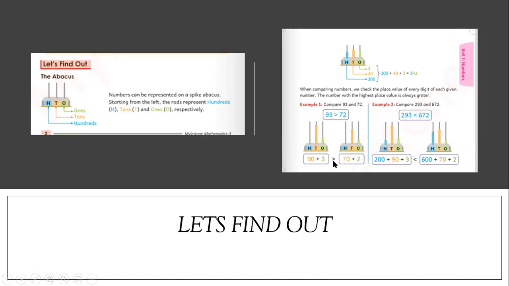So which one is the greater? 93. Now 293 and 672. Which one is the lesser one? 293 is lesser than 672. 600s is greater or 200s is greater? Yes, 600s are greater. So you have to identify it like that.